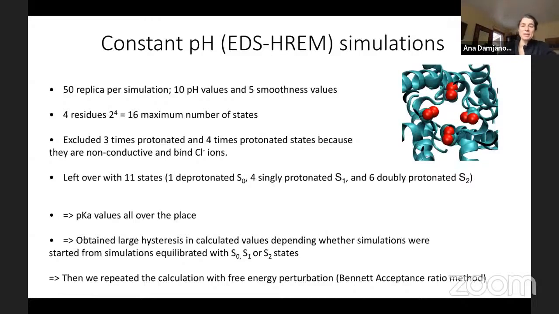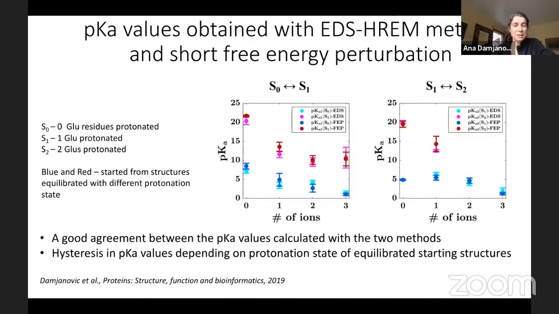So we then repeated this calculation with free energy perturbation, because that's an established method, and we wanted to make sure we're getting the same results. And indeed, we got the same results, very similar values.